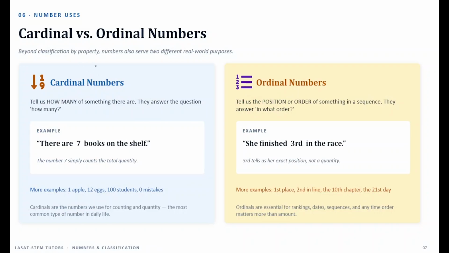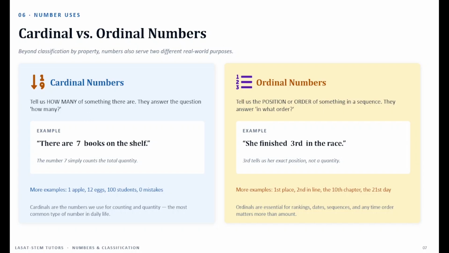Then we have cardinal versus ordinal numbers. Cardinal numbers are numbers that are used to count objects. So when you are counting a certain number of objects, number of books on the shelf, number of people at an event, you use cardinal numbers. It tells us how many of something there are, and it answers the question how many.